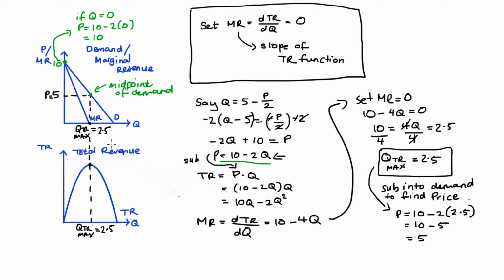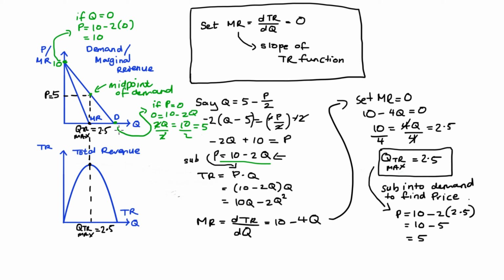Now our quantity axis intercept can be found by setting price equal to 0. And I can use, again, my original demand function or my inverse. I've been using my inverse, so I might as well use my inverse. And we get 0 = 10 - 2Q. Let's add 2Q to both sides. We get 2Q = 10. Then we divide by 2 to get Q = 5.